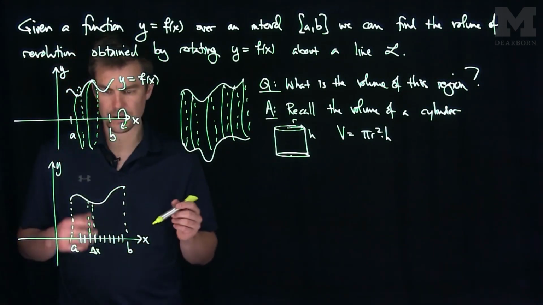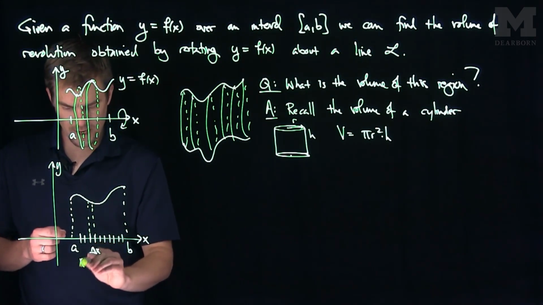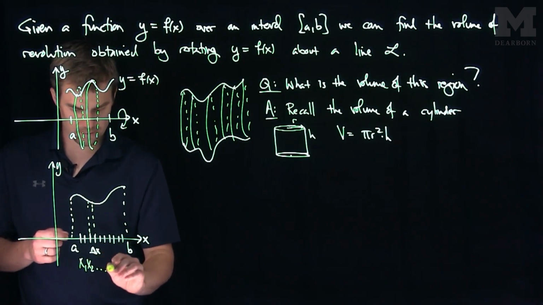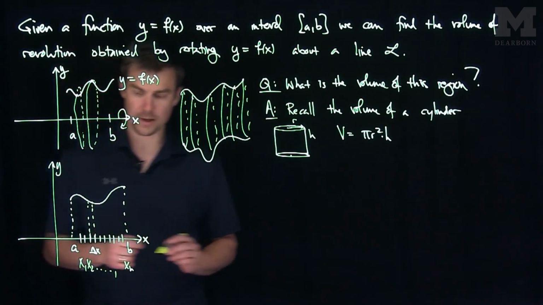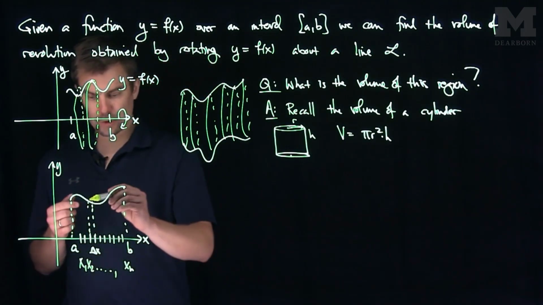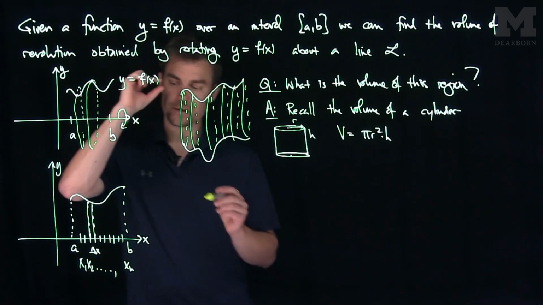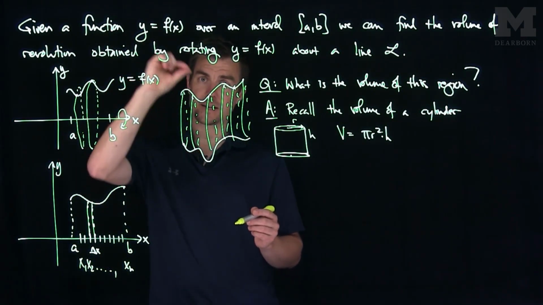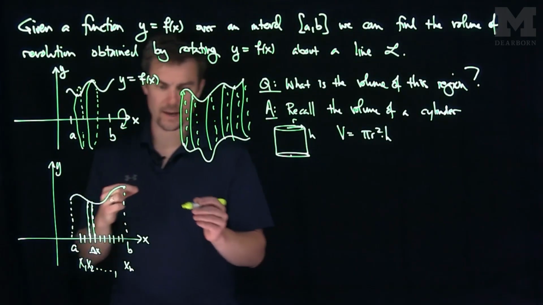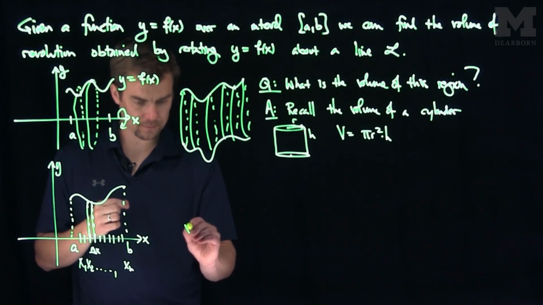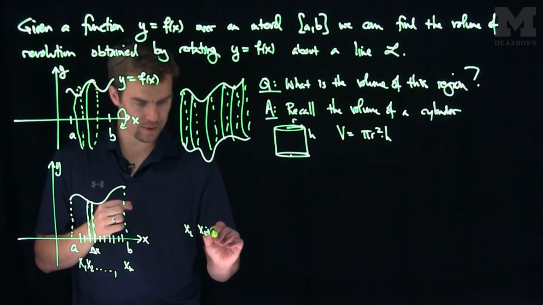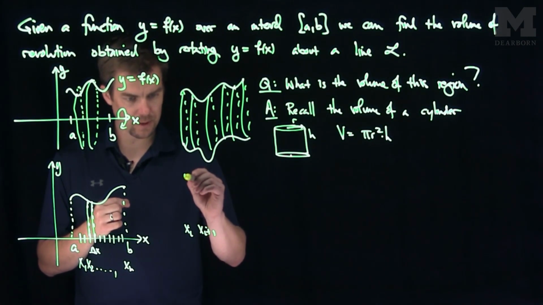What we'll have over here is on this interval, so this is x1, x2, etc., up to xn, then I'm going to try to find the volume of, if I take this little strip over here on the interval xi to xi plus 1 and rotate that, the strip is going to look something like this approximately.